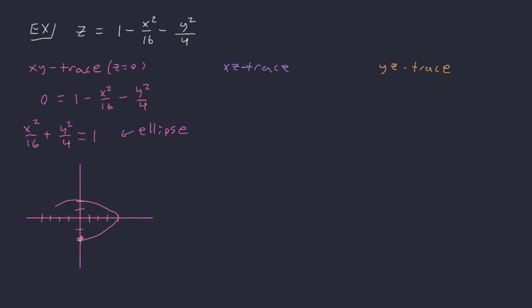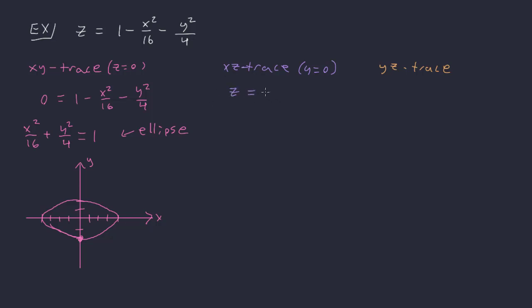Right, so here's our ellipse in the xy plane. Right, now next we'll look at the xz trace. So the xz trace, this is where y is equal to 0. Okay, now when y is equal to 0, we get this right here.